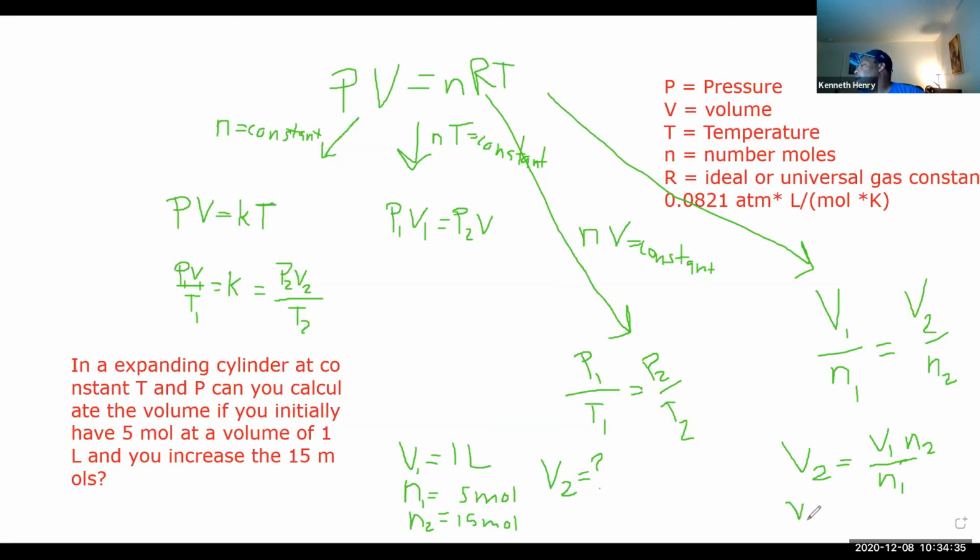V2 is going to equal 1 liter times 15 moles divided by 5 moles. So moles are going to cancel out, and we're going to be left with 3 liters. Simple?